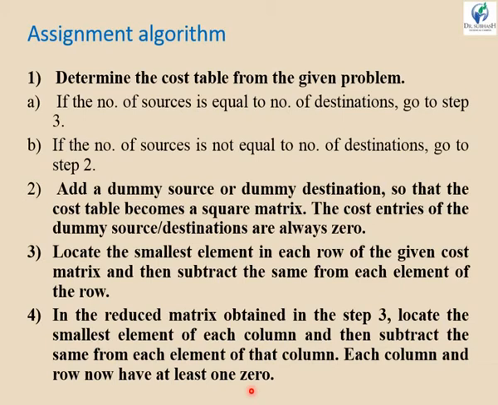Once you have obtained the reduced matrix according to step 3, based on that table you need to identify the smallest element in each column and subtract it from all the other elements in that particular column. So you will get another reduced matrix in which each row and each column will have at least one 0. So that is our fourth step.